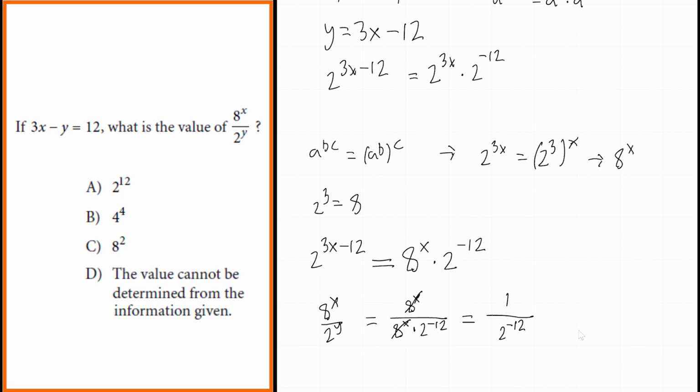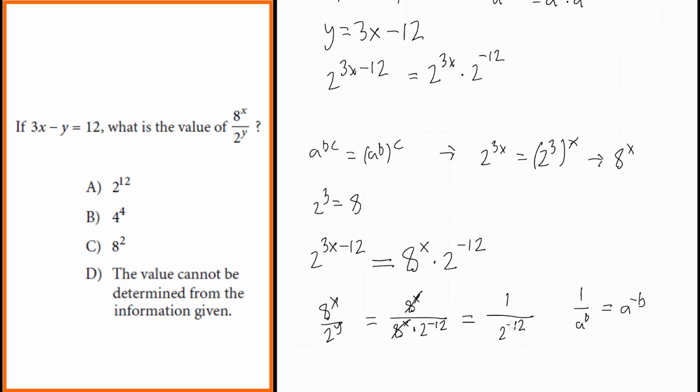And now we only need to know one more easy exponent rule, which is to remember that if we have the reciprocal of some value, 1 over a to the b, that's the same thing as a to the negative b.